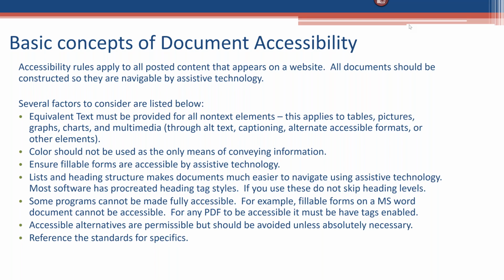This textual element applies to tables, pictures, graphs, charts, and multimedia. Alt text, captioning, alternative accessible formats like a plain text version of a document, or a lot of different other elements can be used to achieve compliance related to this equivalent text requirement.